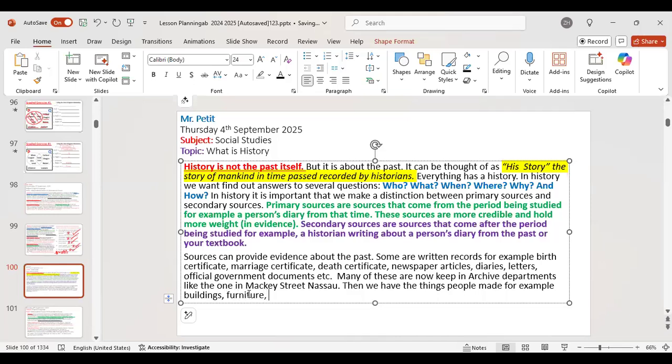right? Clothes, okay? Photographs, okay? Drawings, paintings, tools, and machines.